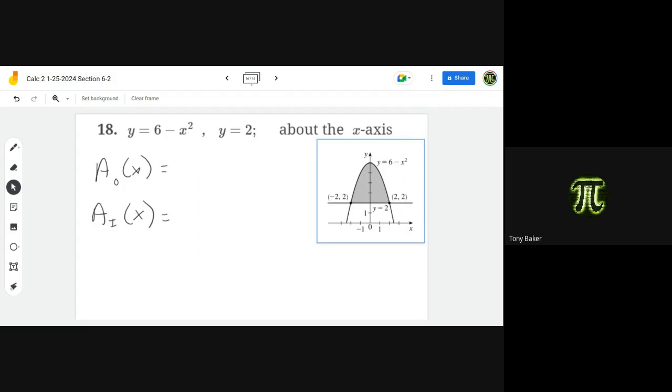That's what your graph looks like. So you would technically call it the outer one, the one on the top. Yeah. It's 6.